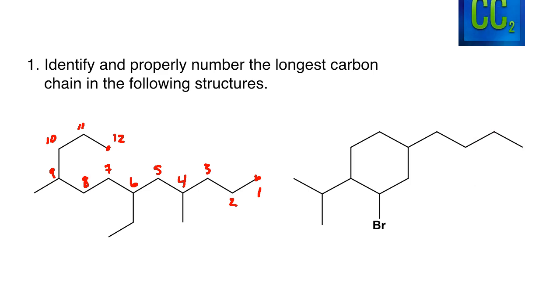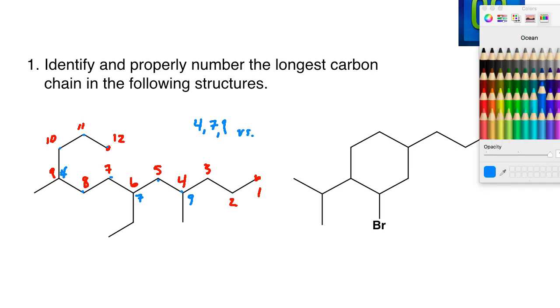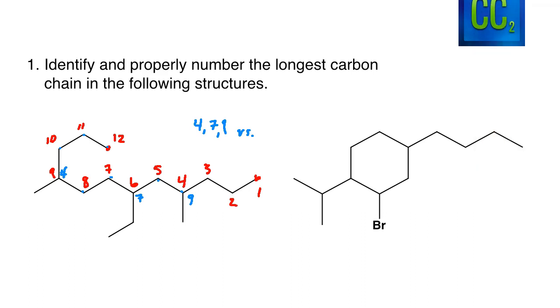So if I were to approach this the other way, it would be 1, 2, 3, 4, 5, 6, 7, 8, 9. Right? So I have a 4, 7, 9 versus, and then back to the red, versus a 4, 6, 9.